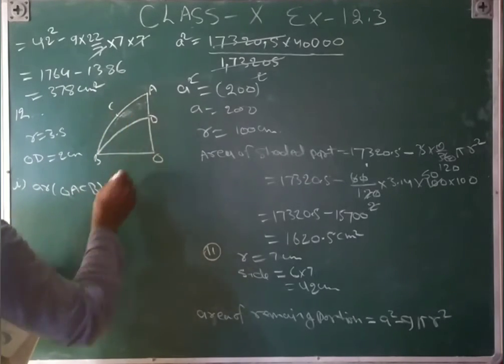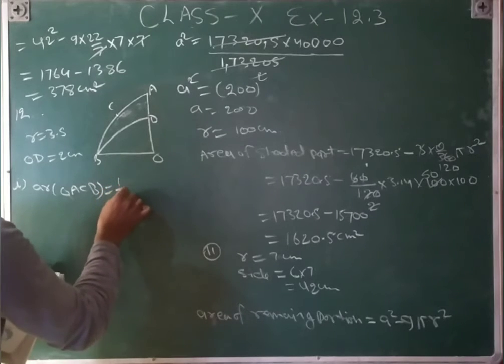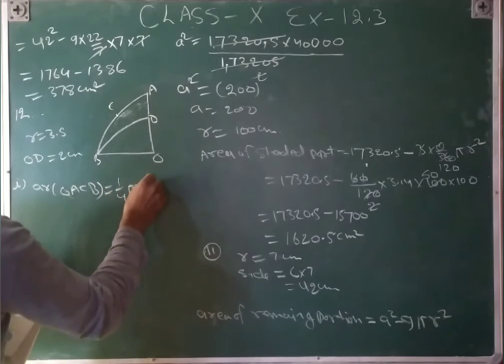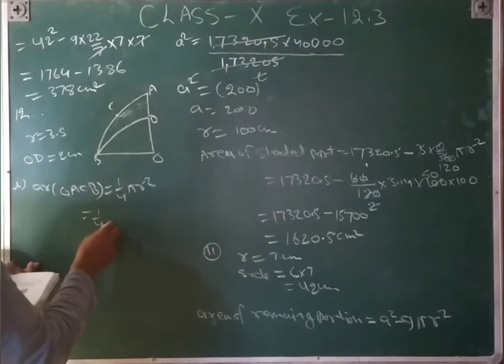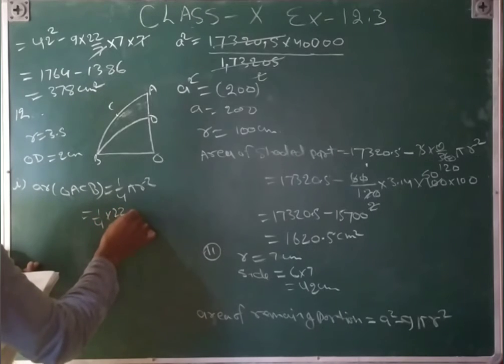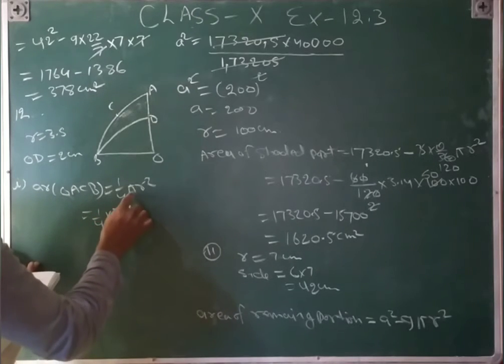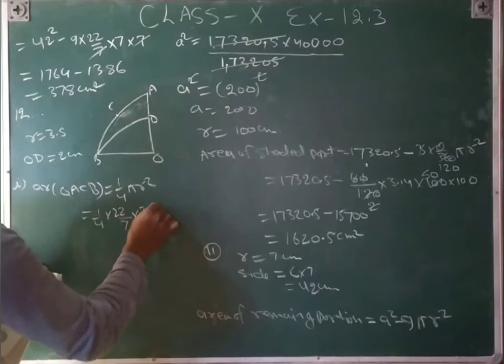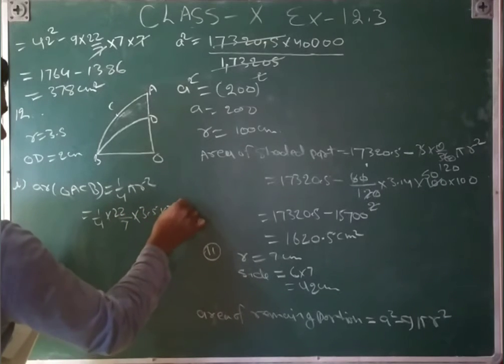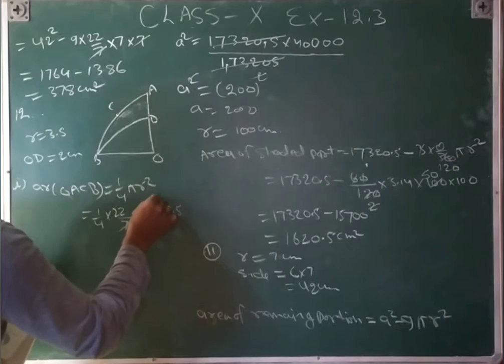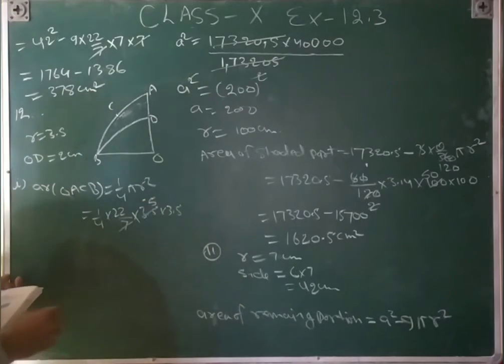OACB, it means whole area. So quadrant means 1 upon 4 pi r square. So 1 upon 4 into 22 upon 7 into r is 3.5 into 3.5.